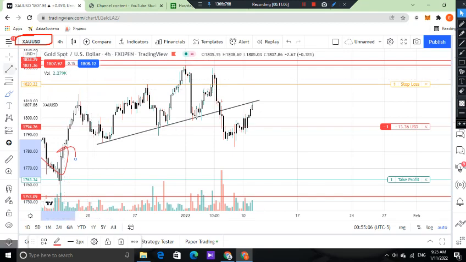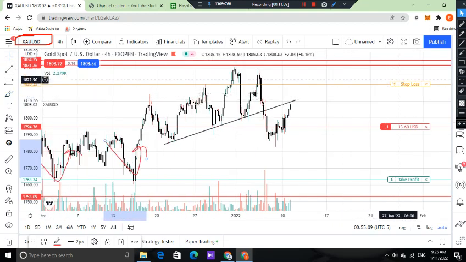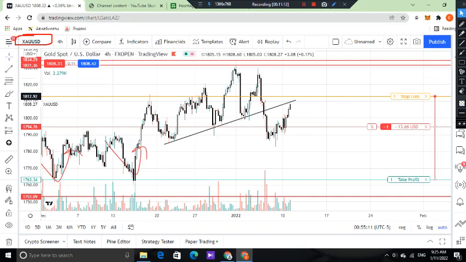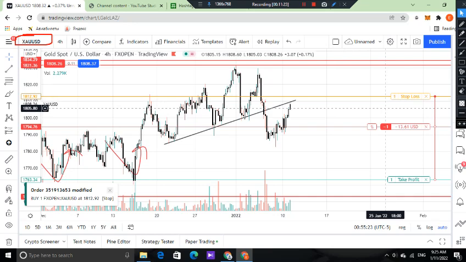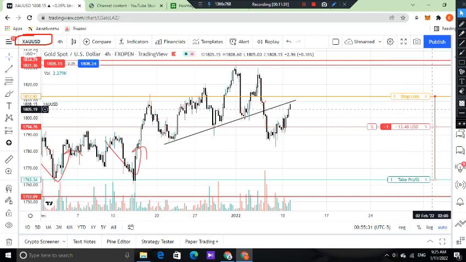So, and about my stop loss, yeah, I actually doubt about it. I can put it here. I want to reduce my risk, but I'm also reducing my winning rate and probability to win this position, because my position can be executed with loss by a shadow of this candle, for example.